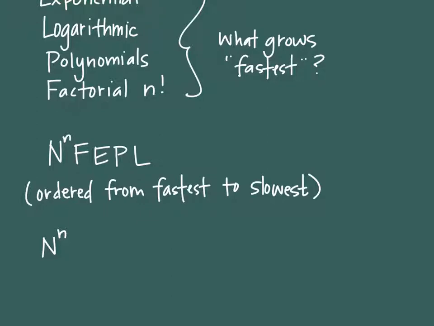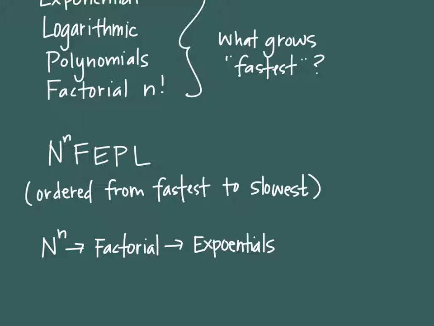All right, the next is factorial. That grows incredibly fast as well, not quite as fast as that special exponential. Then we have the regular kinds of exponentials, where the base is constant.